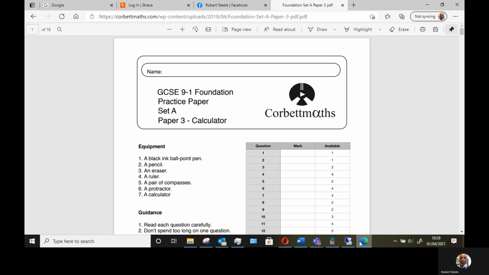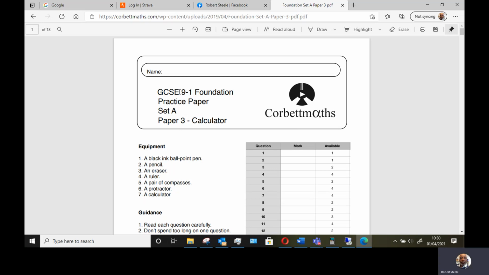I know you've not got your usual summer exams, but everybody's preparing for some sort of mocks or assessments that are being given to year 11s or resitters in college. So I'm going to run through most of this excellent Corbett Maths paper.